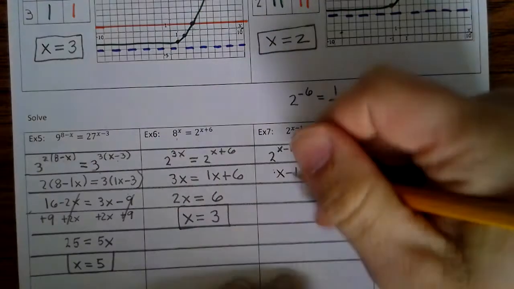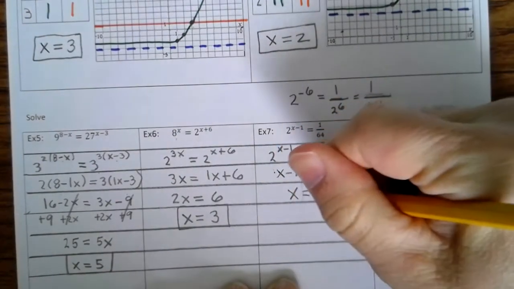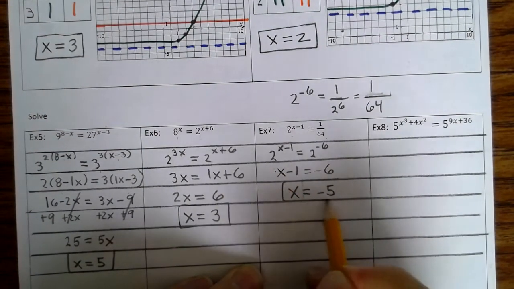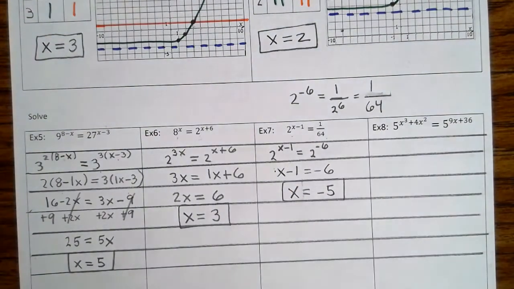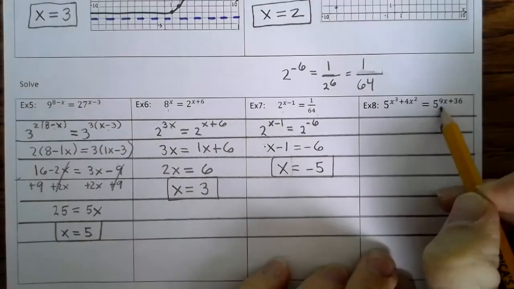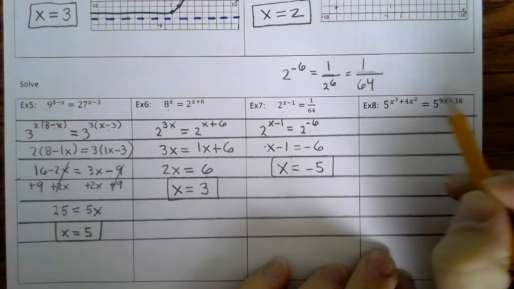Okay. All right. Example 8. Save the best for last. Okay. Now here we can see that the bases are both 5, so the exponents are equal to each other. So we can say that 1x cubed plus 4x squared is equal to 9x plus 36.